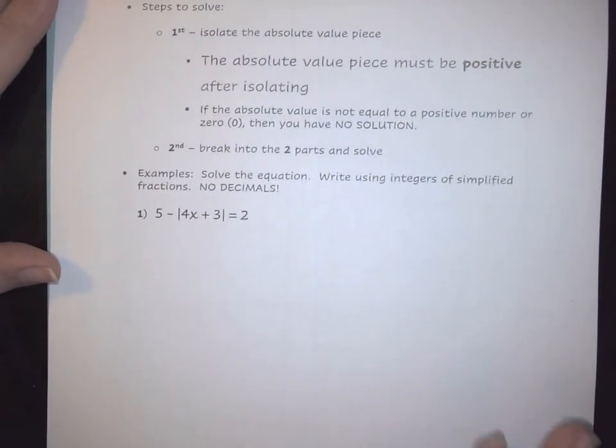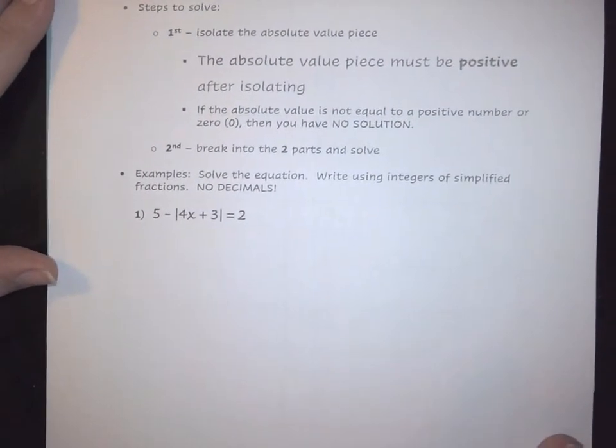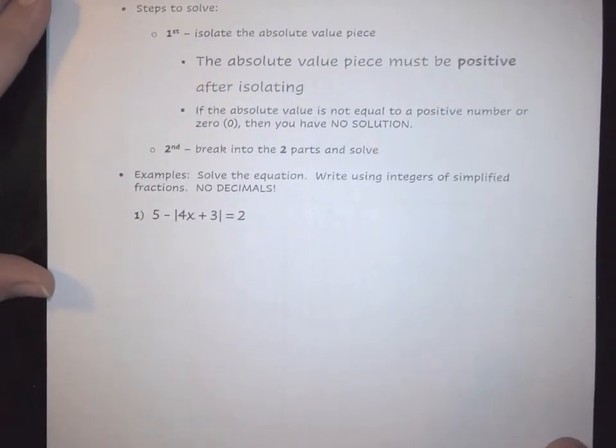So we've got a couple steps that we have to follow. First, you have to isolate the absolute value to be completely by itself. If they have any numbers or operations surrounding your absolute value, then before you can evaluate it, you have to remove that outside stuff.